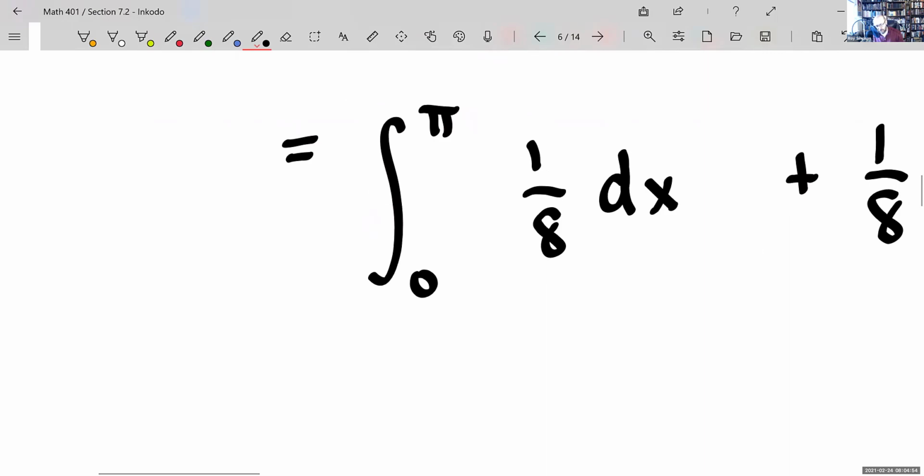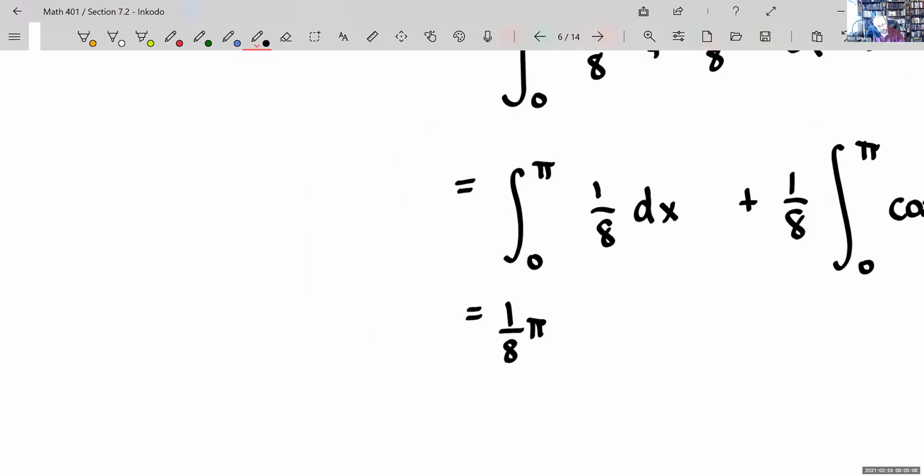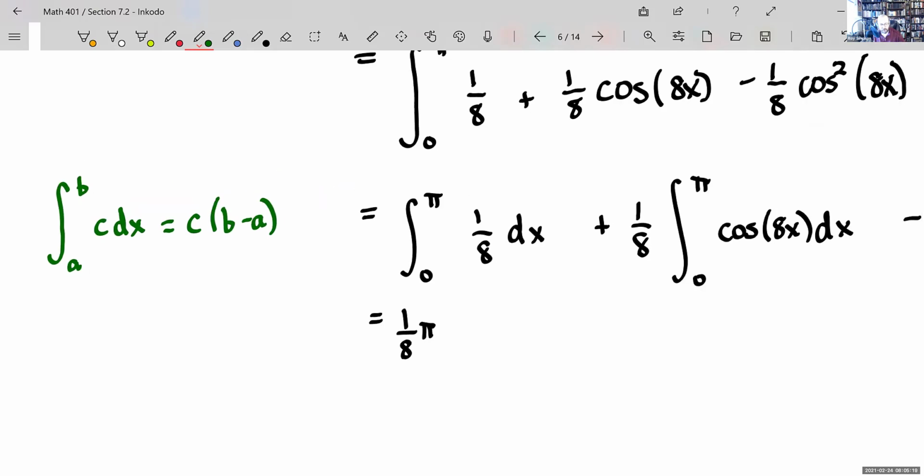When you find the area underneath the curve y equals 1/8, it's just going to be 1/8 times pi. And that is from a property of integration. The integral from a to b of a constant c dx is just going to be c times b minus a. That's the area underneath the curve, where the curve is just a horizontal line.